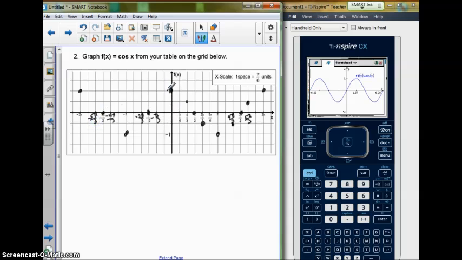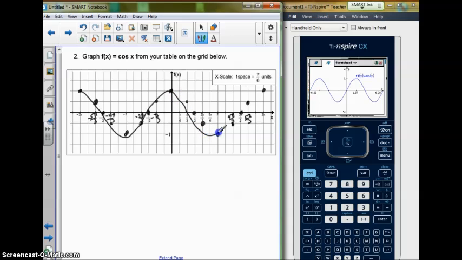We see the same pattern. We're coming down 1/2, 0, negative 1/2, negative 1, 1/2, 0, positive 1/2. As we're sketching this, remember it's a wave, it's a nice curve. We're going to come down, and we're going to come back up.